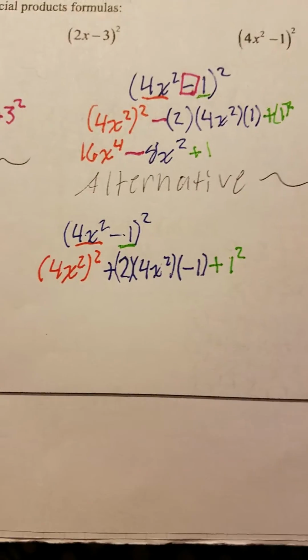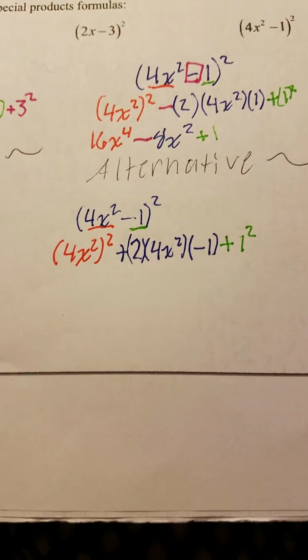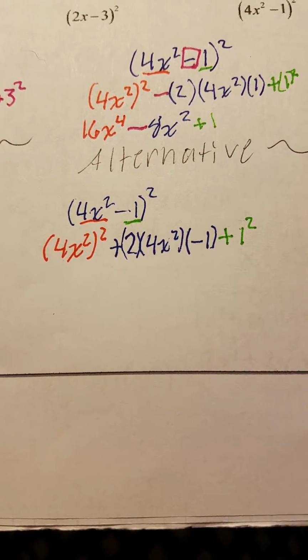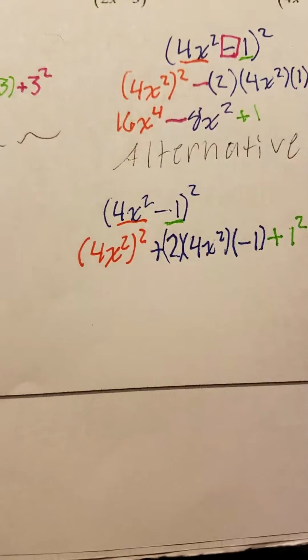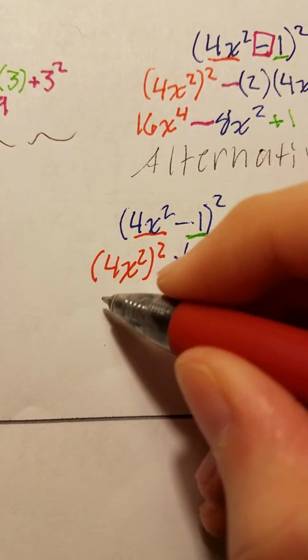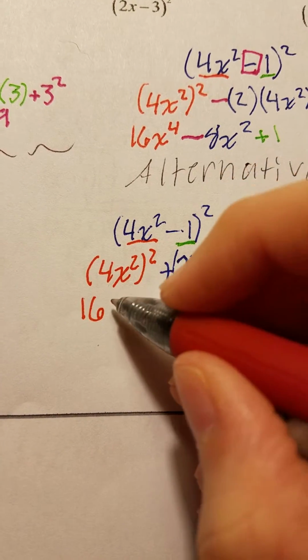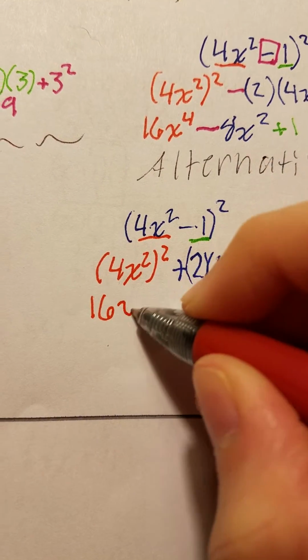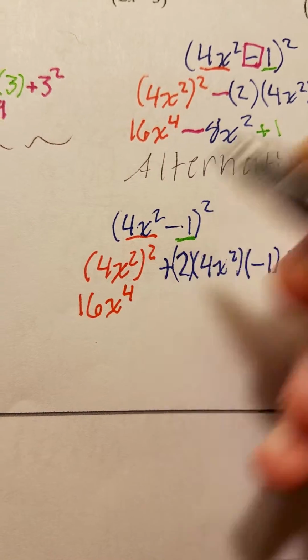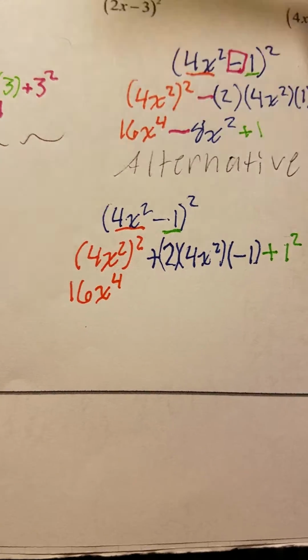Don't trust your calculator. It's wrong. And then you simplify it. So 4 squared is 16. X squared squared is 2 times 2, which equals 4, so 16x to the 4th power.